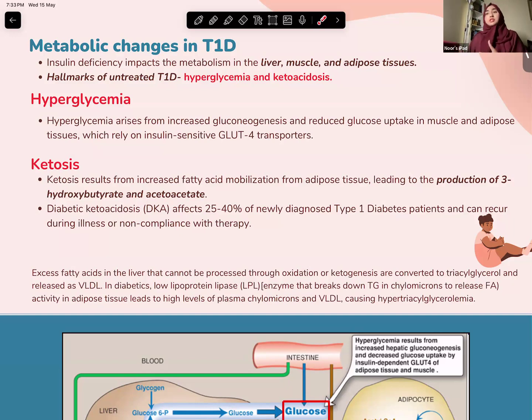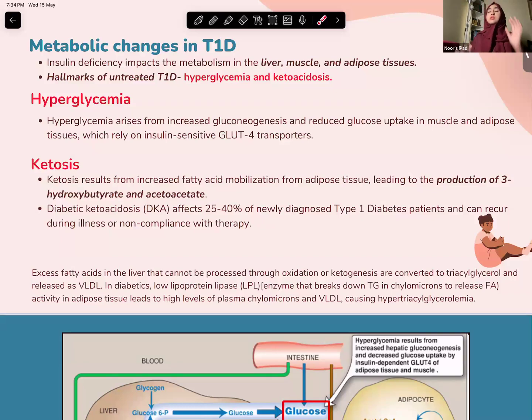Okay, it needs energy from somewhere else if it's not getting it from glucose. So in ketoacidosis, it uses a process of breaking down fats. This creates ketones, and ketones start building up, and they're acids which are really not good for the blood. It can happen to people with diabetes when their blood sugar level gets too high for too long. It's serious, and it really needs medical attention.